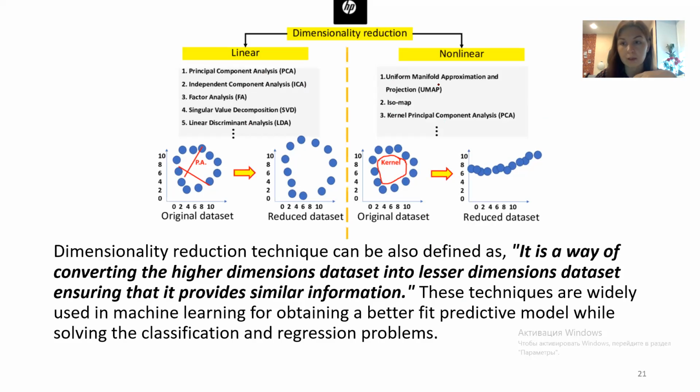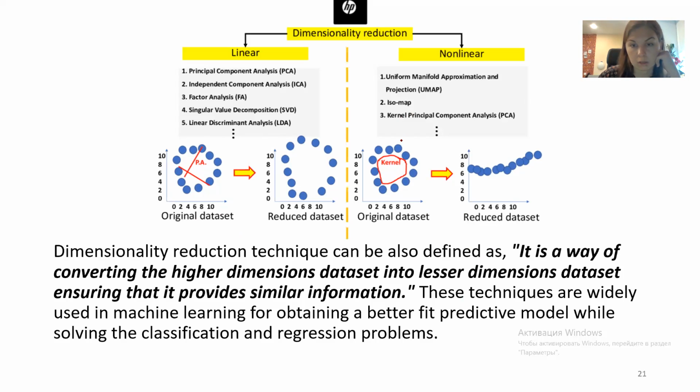In nonlinear, we have some nonlinear transformation of data. It's uniform manifold approximation and projection, isomap, and kernel principal component analysis. You see in this picture that in ordinary PCA, we find linear projections for the data and actually project our data set into some directions.